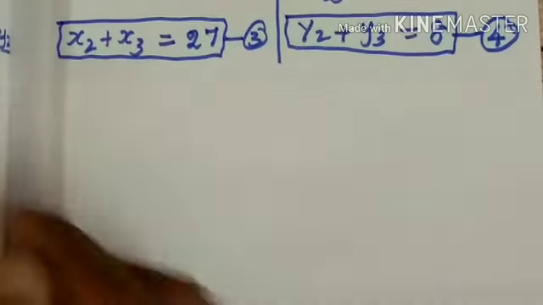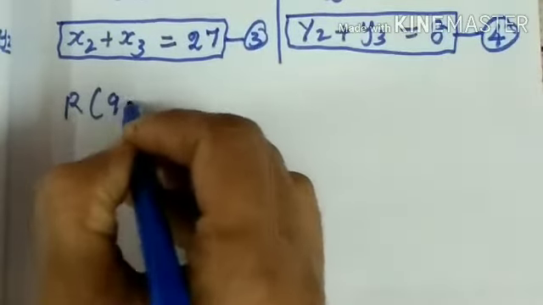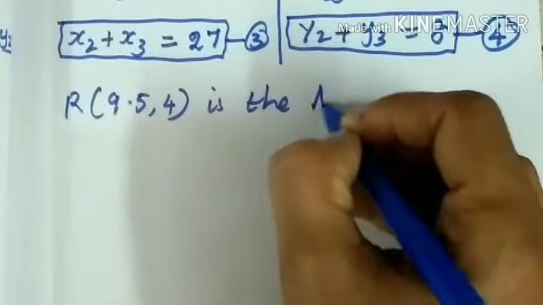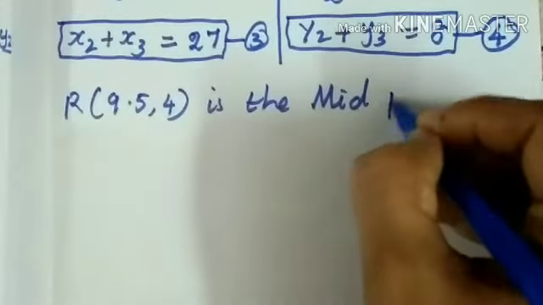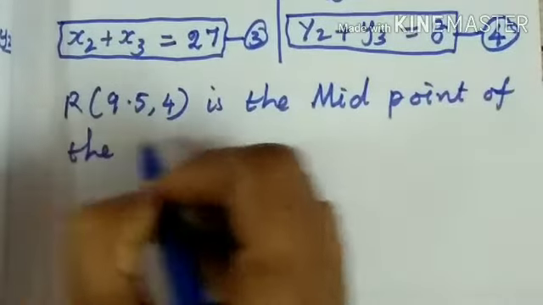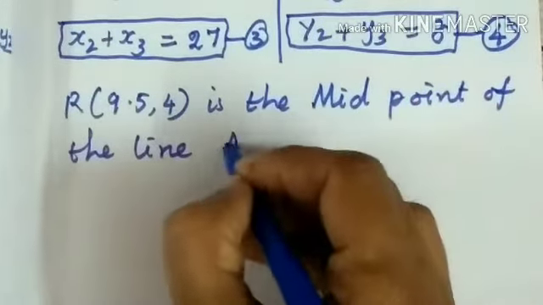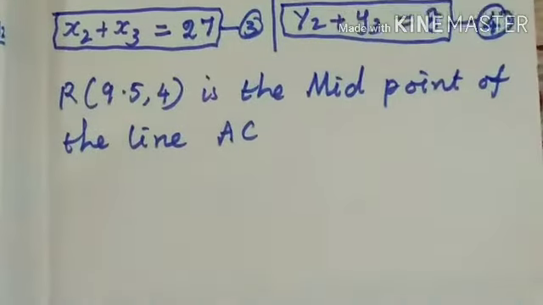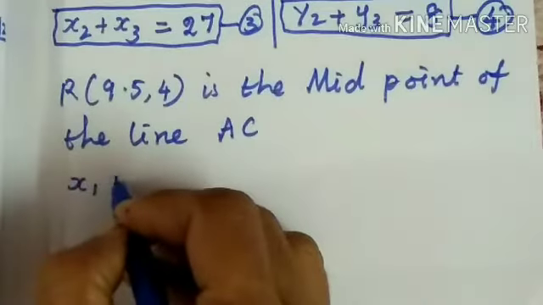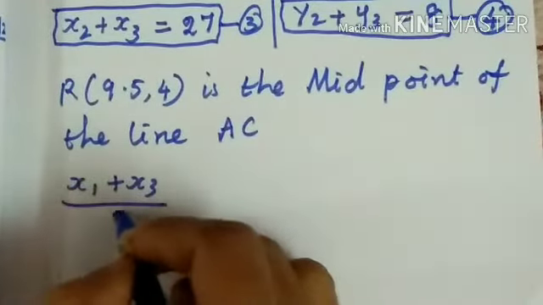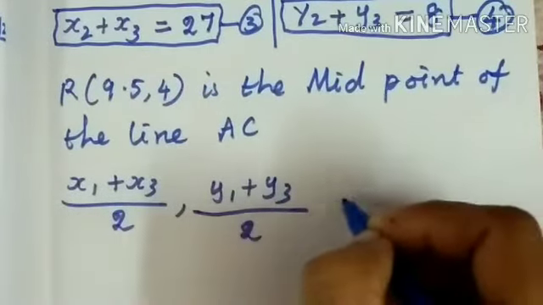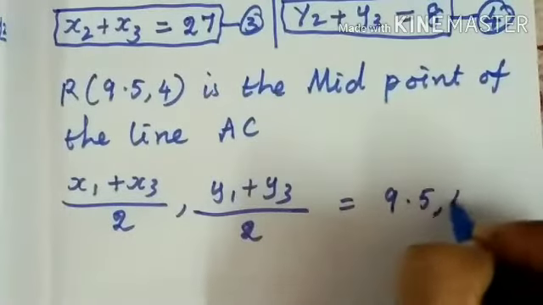Now the next step is R (9.5, 4), the midpoint of the line AC. Applying the midpoint formula, we get ((x1 plus x3) by 2, (y1 plus y3) by 2) is equal to (9.5, 4).